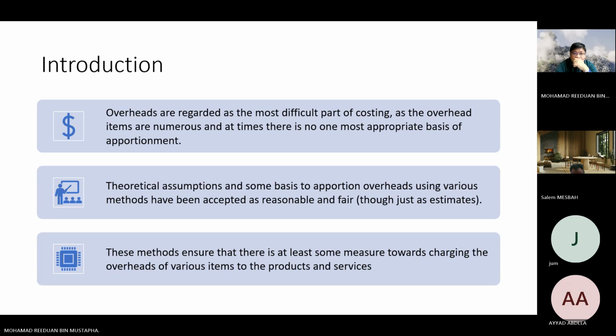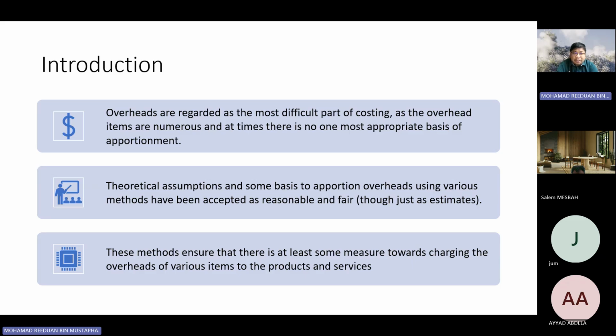Okay, so in activity-based costing, you should know that overhead is regarded as the most difficult part of costing, as the overhead items are numerous and at times there is no one appropriate basis of apportionment. In financial accounting, the accounts need to be presented in a true and fair view, so they must reflect the real situation, whereby each of the costs is applied to a certain product, for instance.